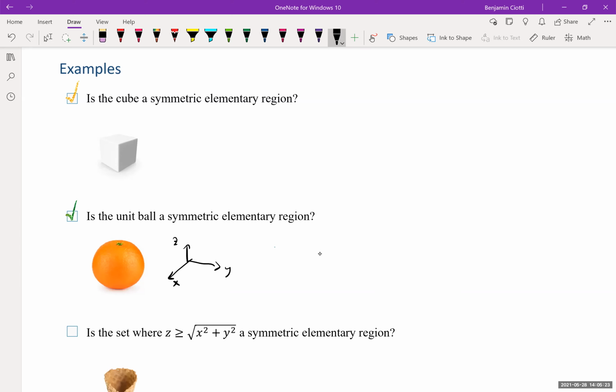Oh, nice. All right, good job, Timothy. Yeah, so if you sliced the orange this way, then the piece on the right would be where y is positive root 1 minus x squared minus z squared, whereas the other side would be where y is negative root 1 minus x squared minus z squared, and the interior of the orange is between those two functions.